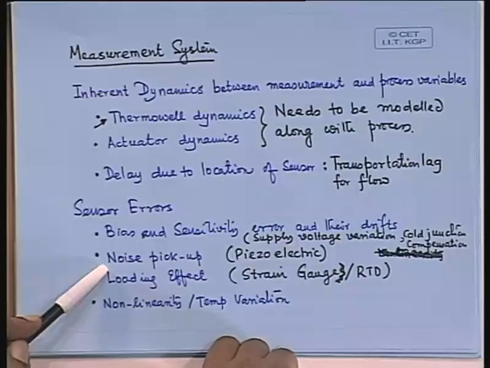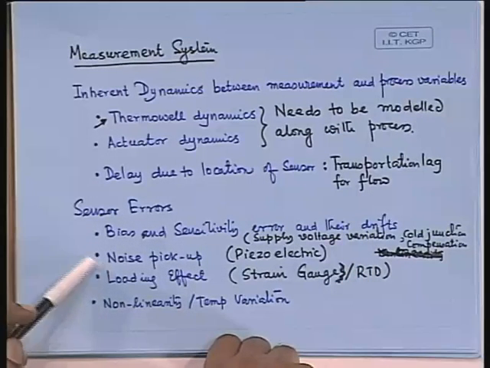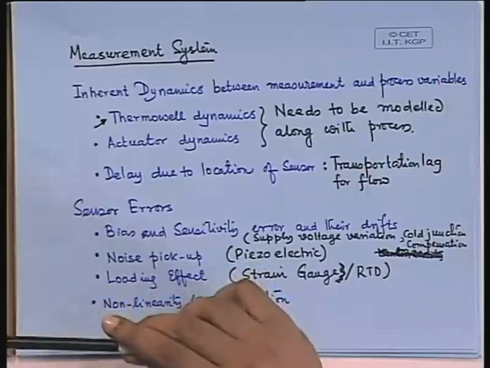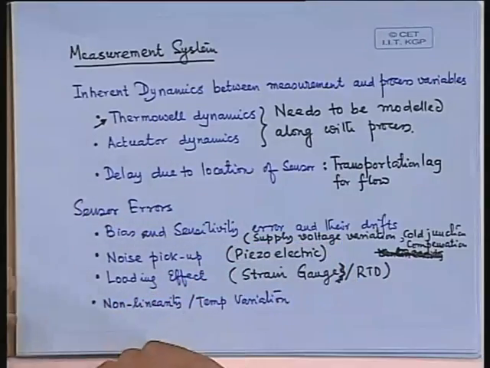Similarly, there could be noise pickups. There could be significant noise pickups. I don't know whether you have ever done this, but take a piezoelectric sensor. If you have disturbances and if your shield connection breaks, you have huge noise on the sensor. Any high impedance point will tend to pick up noise in any circuit. So you could have noise pickups because of welding going on, because of a poorly maintained DC motor running where there may be brush spark-offs, all kinds of things.